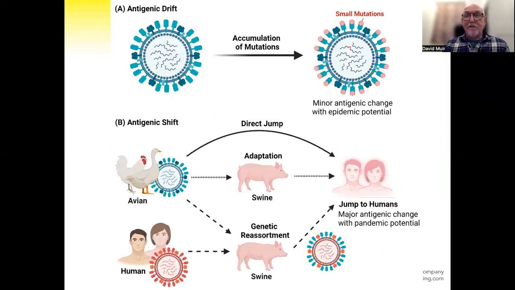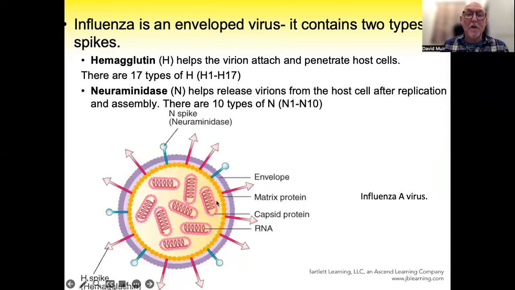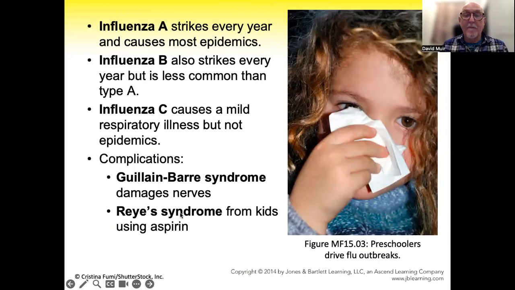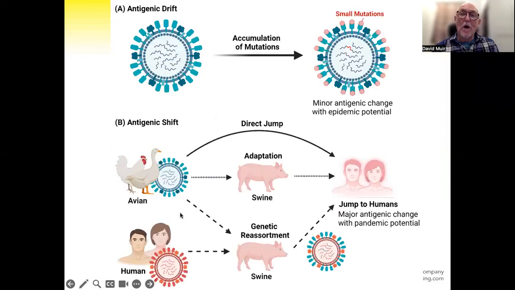Okay, so I'm just very briefly going to explain to you that those 8 little capsules of the genome are the source of much problem. And the reason for that is that there are 2 ways in which the influenza virus can change.